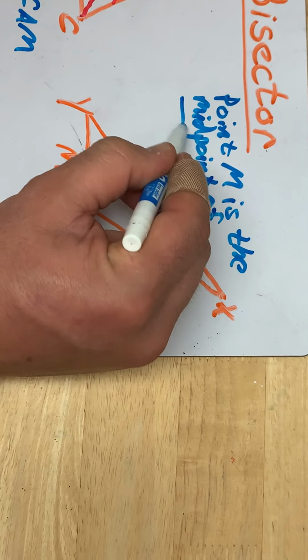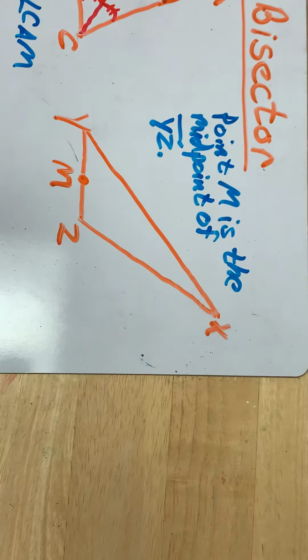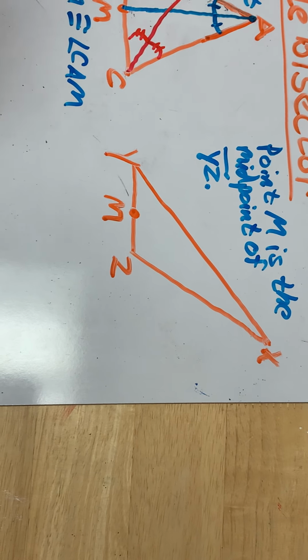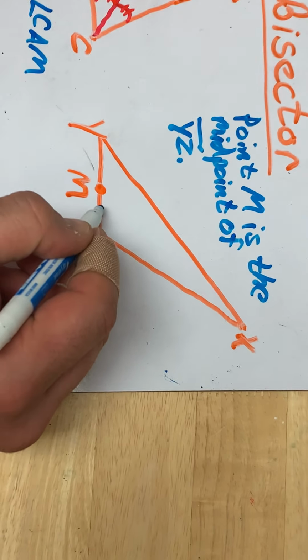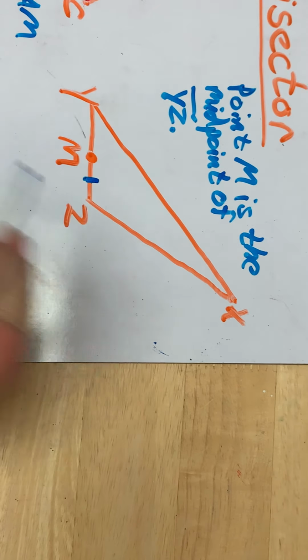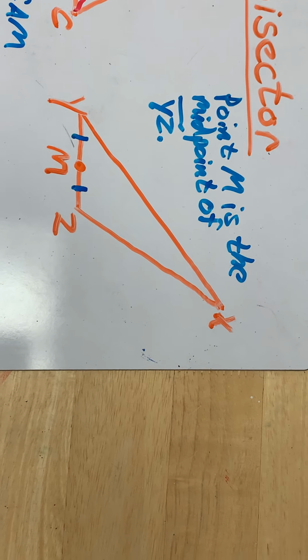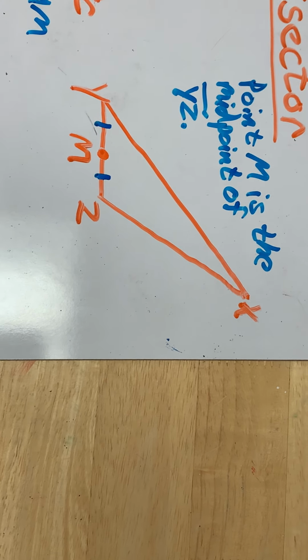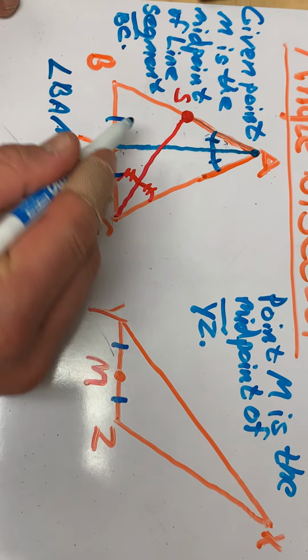Okay, so that's given. Now I know that it's the midpoint, which also means I can say that the distance from M to Z is congruent to the distance from M to Y. So YM is congruent to MZ. I could have done that in my first triangle over here. I could say that this one is congruent to that one.